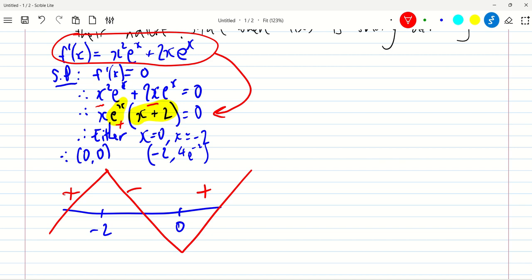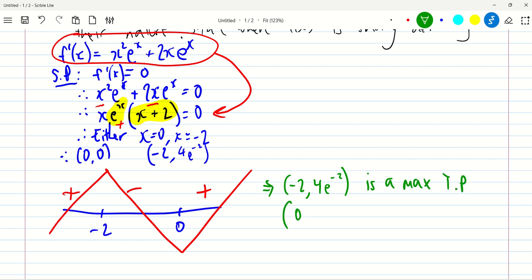So the graph will look something like that. And so this tells us, and I'll just write it here, that therefore -2, 4e^-2 is a maximum turning point, and 0, 0 will be a minimum turning point.